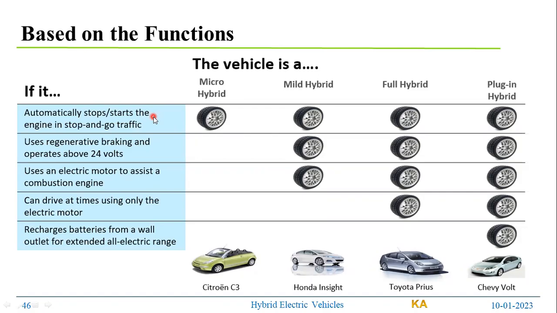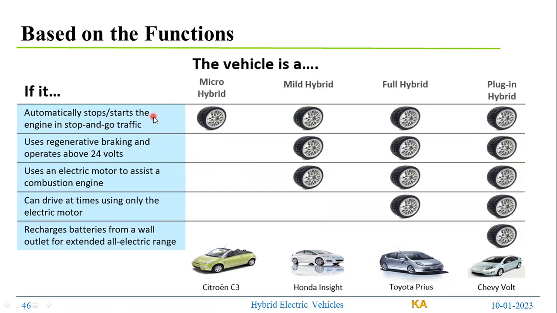Then if you have 48 volt regenerative braking, stop with electric motor assist, meaning whenever the vehicle has a torque requirement, the engine gets support from the electric motor assist. If you have these three features in a vehicle, then the vehicle is classified as a mild hybrid. Honda Insight is one example for this classification.